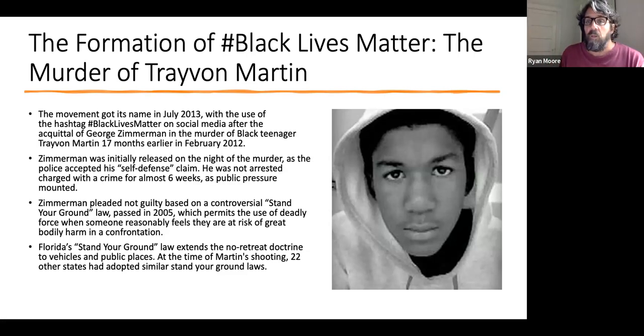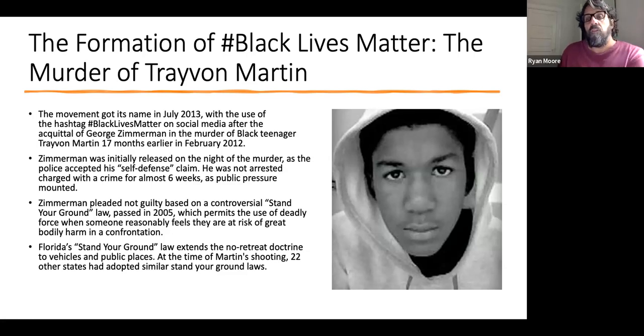When he was arrested, he pled not guilty based on a law called Stand Your Ground that was passed in Florida in 2005. And the Stand Your Ground law basically permits the use of deadly force whenever someone feels like they are at risk of great bodily harm in a confrontation. The Florida Stand Your Ground law basically extends what's called the no retreat doctrine to vehicles and public spaces.